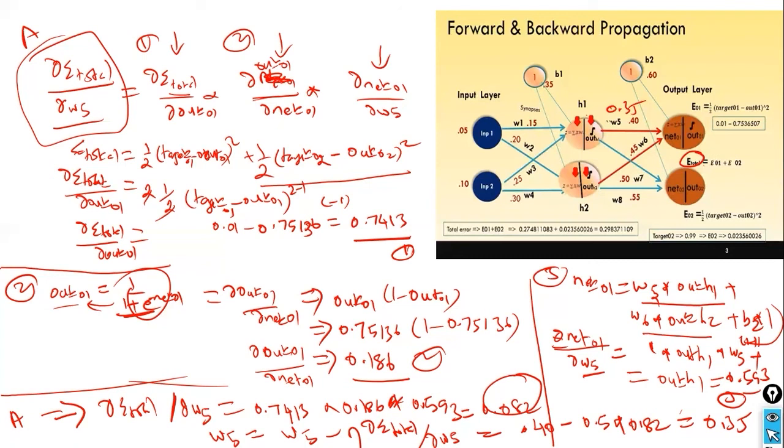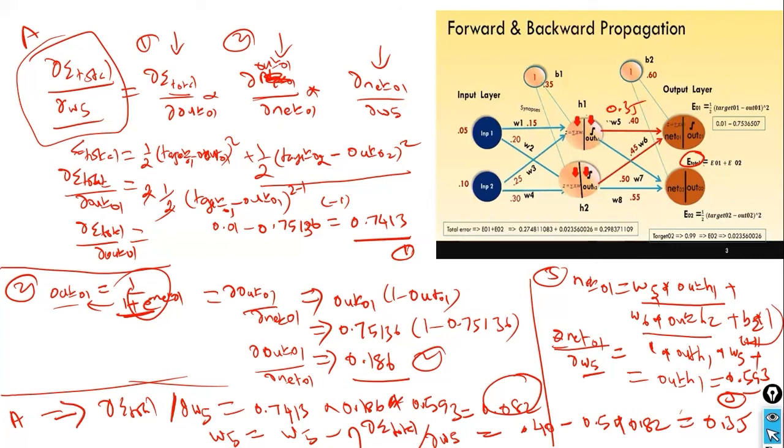Got it? This is very simple. I just simplified this one. See, the total error depends on out O1 because we are getting the predicted value from out O1 only. In O1, the activation function is applied, and once it is applied, it gives us the value, in this case 0.753.